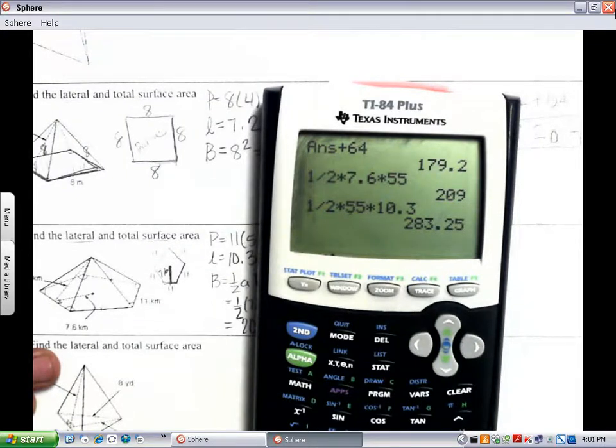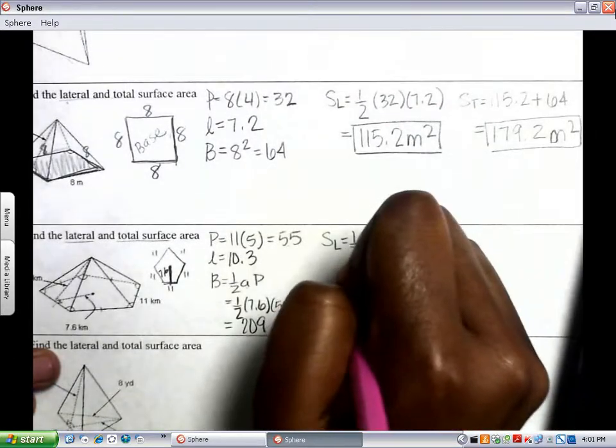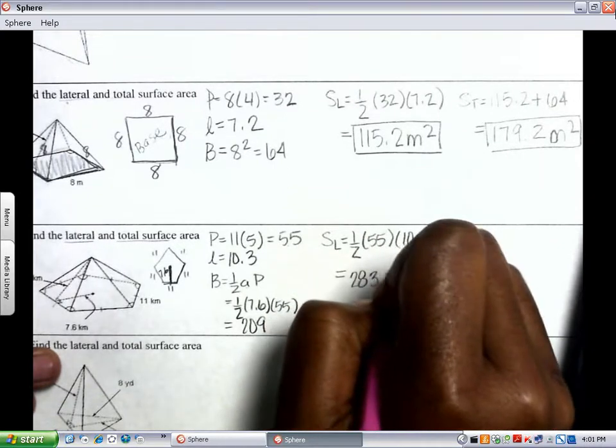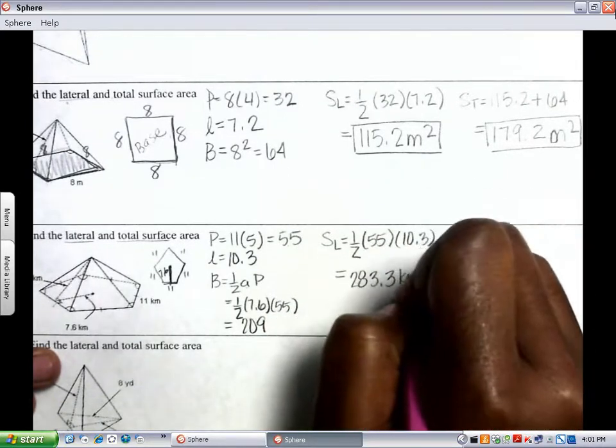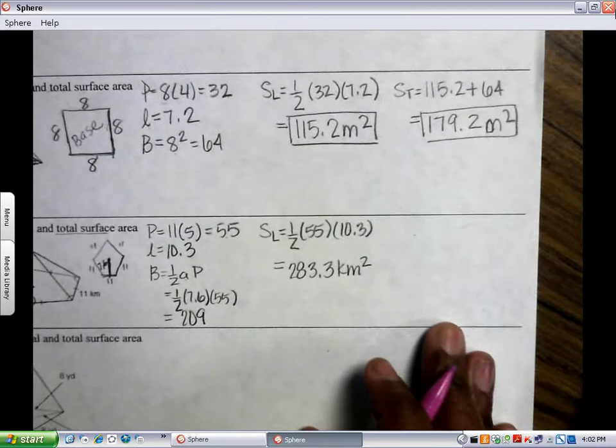So I'm going to round everything to the tenth, so 283.3 would be our lateral surface area. Square kilometers.